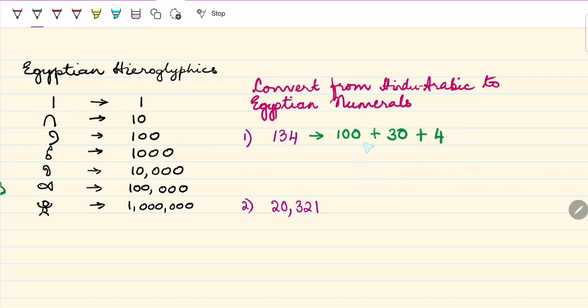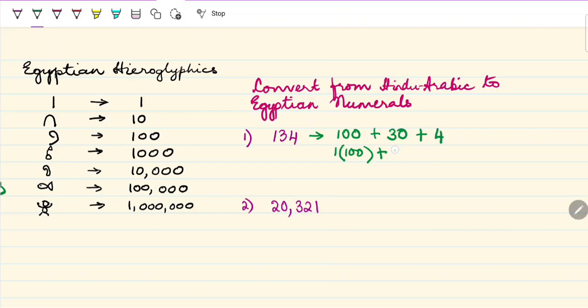In the next step, I'm going to see how many 100s we have. So we have 1 times 100 plus how many 10s do we have in 30? Because you see over here, the values are all 1, 10, 100. They are increasing by multiples of 10. So we have to again rewrite what we just broke up in multiples of 10 or 100 or 1000 and so on.